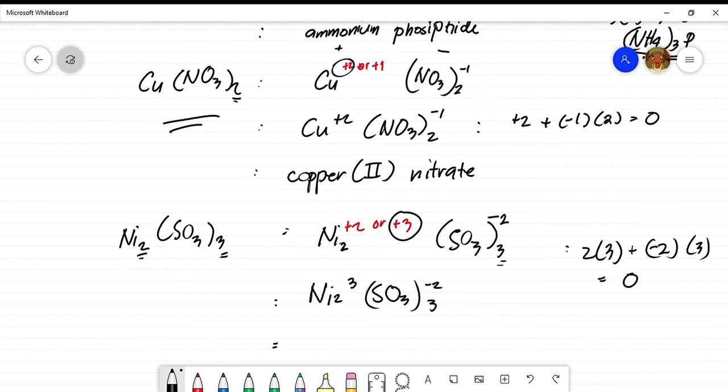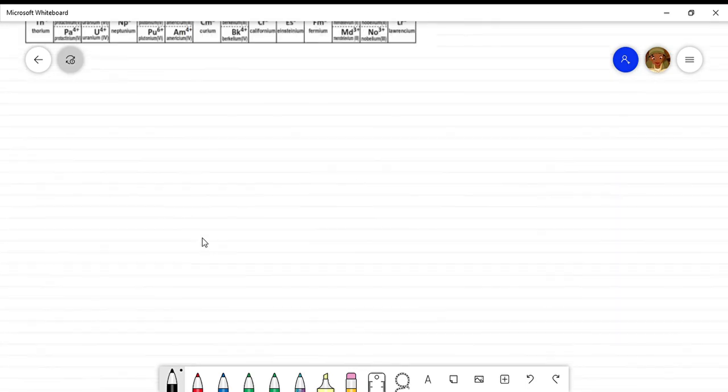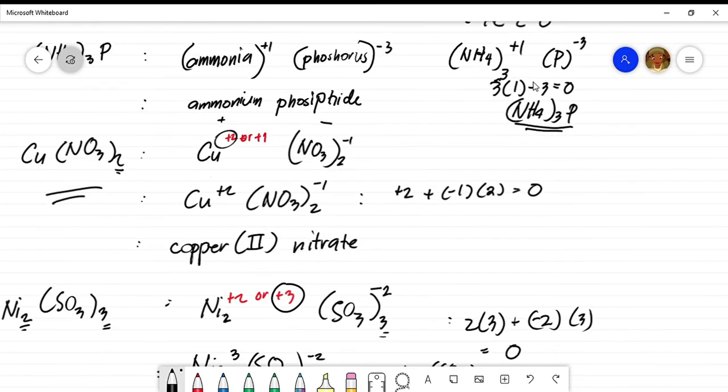The final formula is Ni2(SO3)3. This is a stable ionic compound, and we will call this nickel(III) sulfide. To check again, it is sulfide. And that's it.